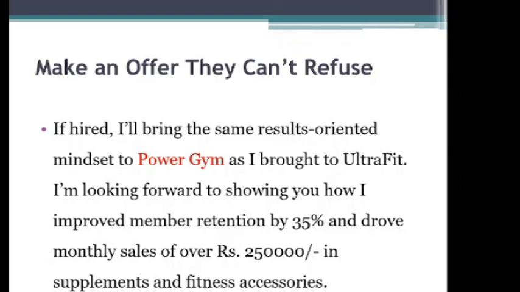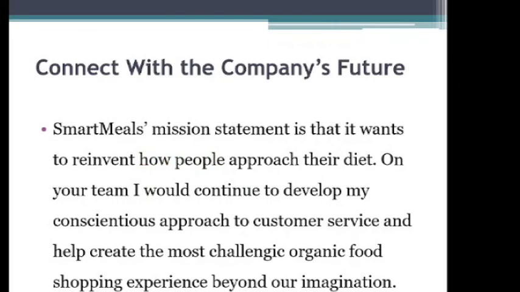This is also a statement which you can write at the end, where you tell that you can do better or you can bring a lot of profits to the company. You try to connect with the company's future. You do something adjacent to the company's mission statement. You try to put some words which are very related to the mission statement.